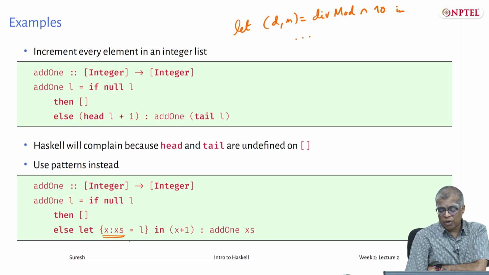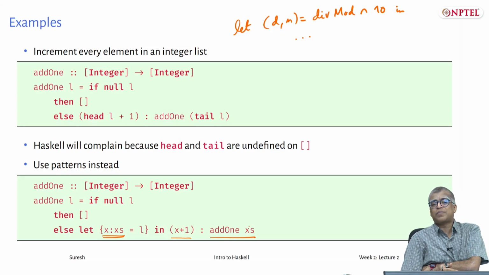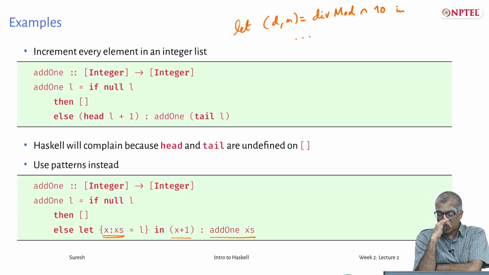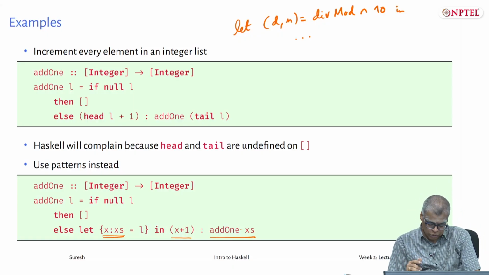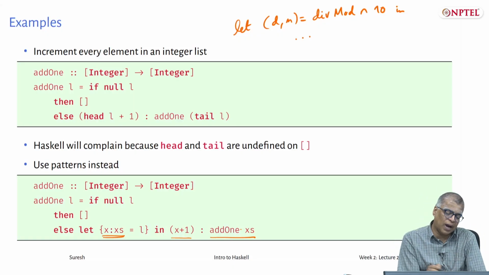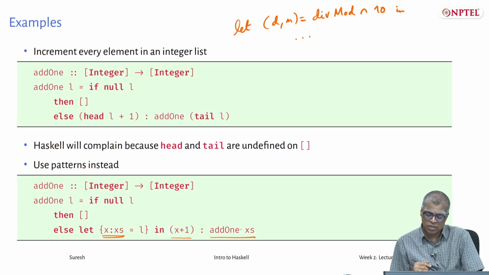You will say let x colon x's equal L in x plus 1 colon add 1 x's. Using these patterns to decompose the list actually makes it easier to write the right hand side. Instead of writing head of L plus 1, tail of L, etc., you can just write x plus 1, x's, directly. So that's so much about adding one to all elements in a list.